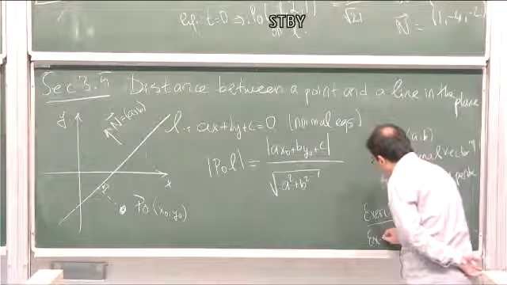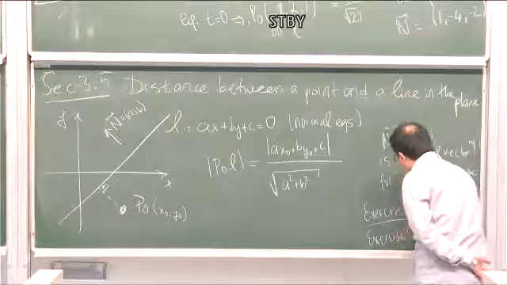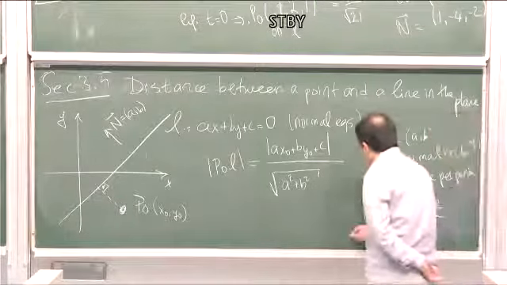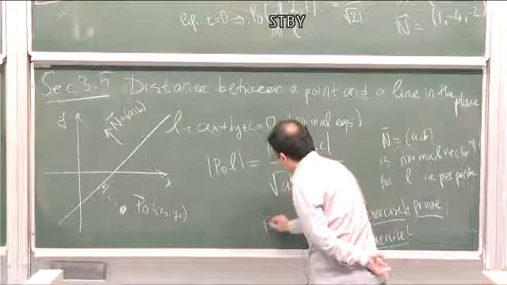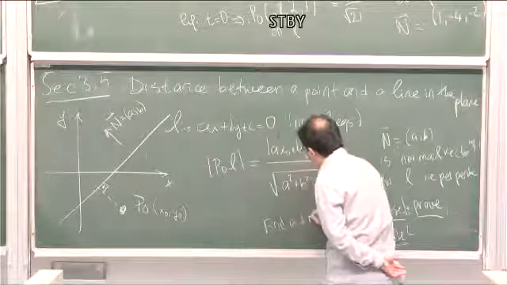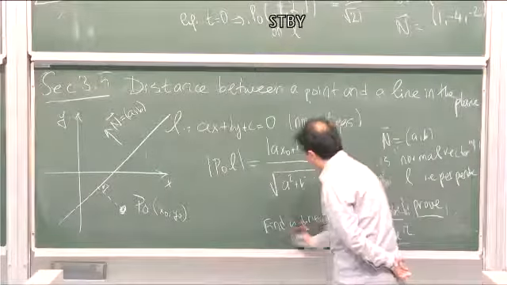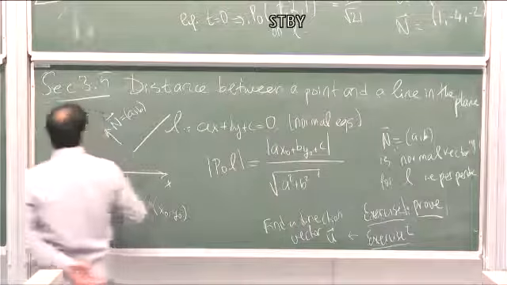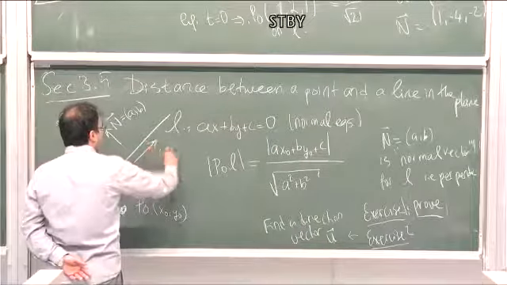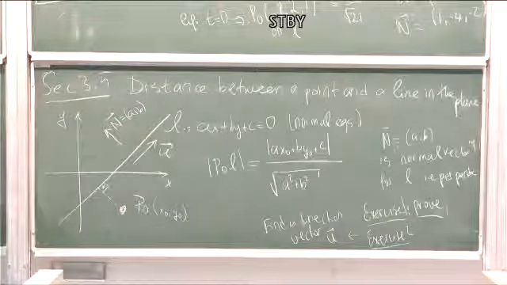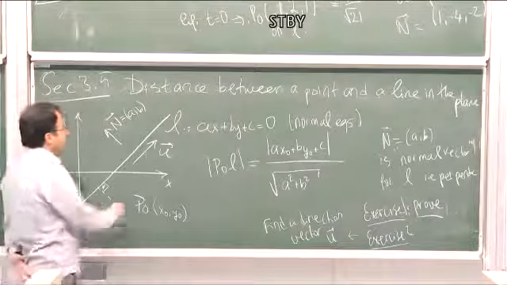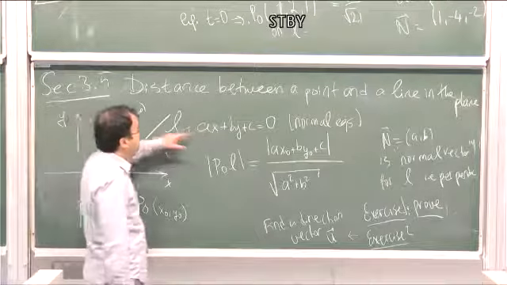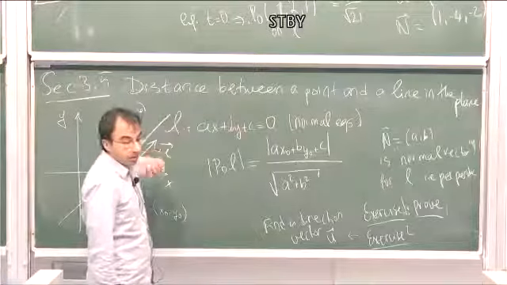Exercise 2: find a direction vector u for L. I want you to find a vector which is parallel to this line L, where L is the line with this equation in the plane.